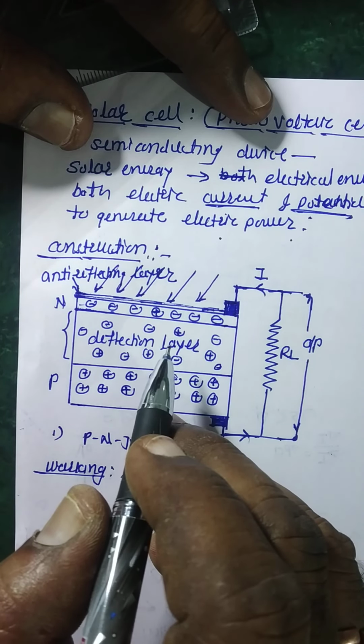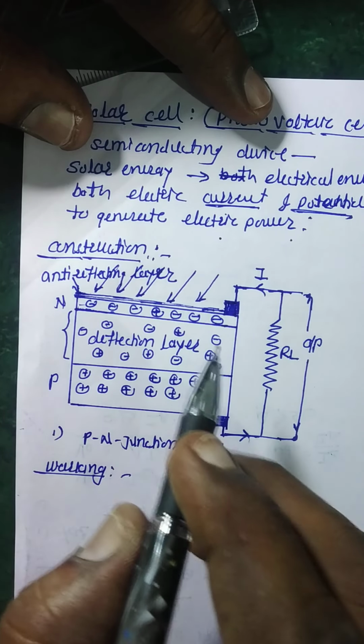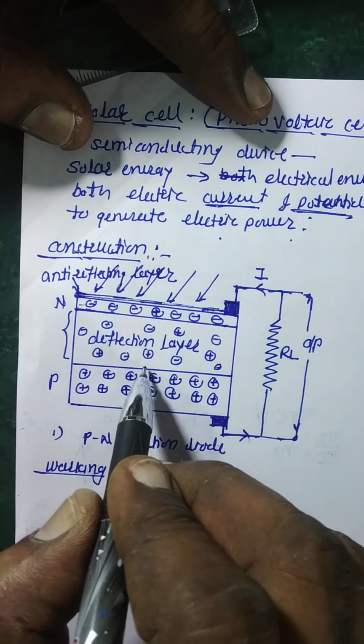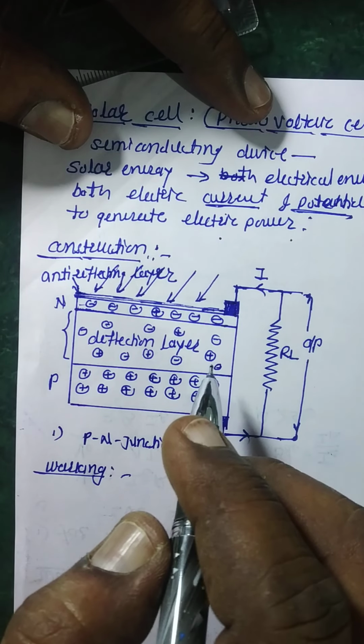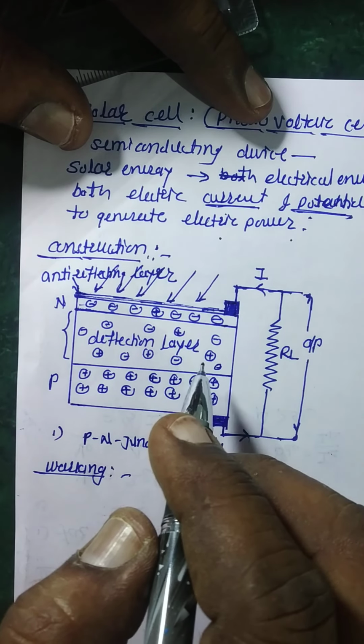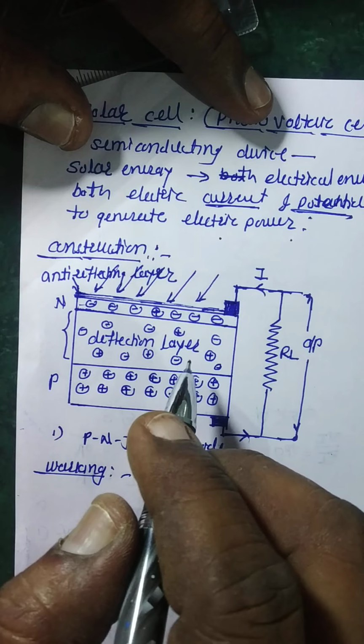These electrons and holes are separated and collected at the cathode and anode respectively.